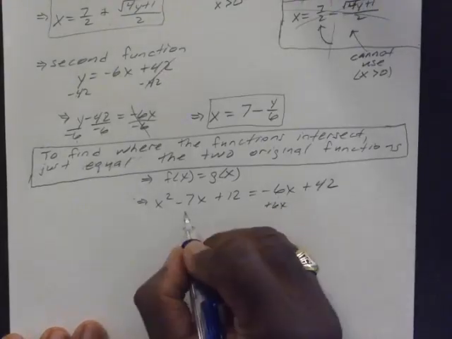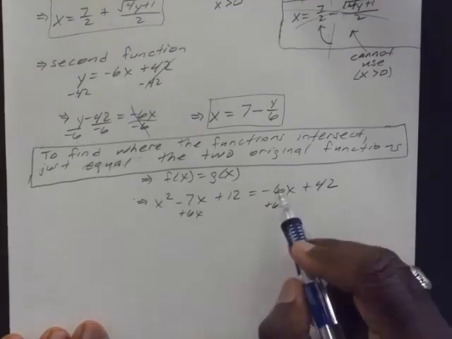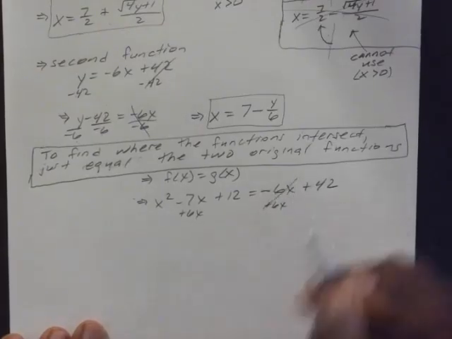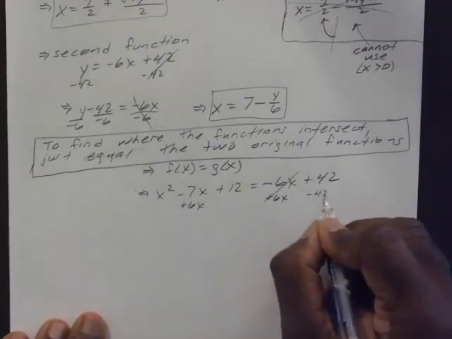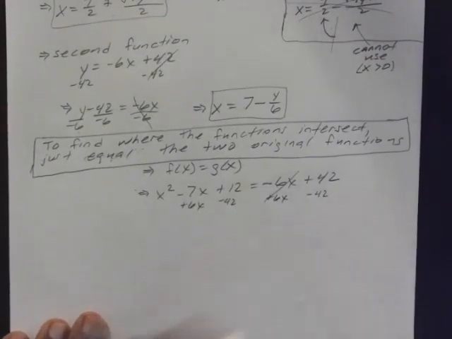We add 6x to both sides, where those two cancel each other out. And we subtract 42 from both sides, where those two cancel out.